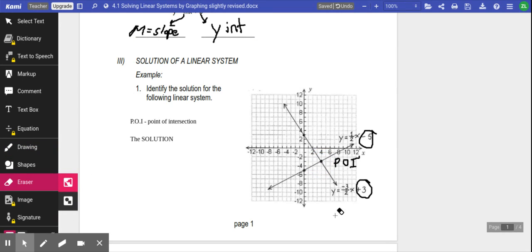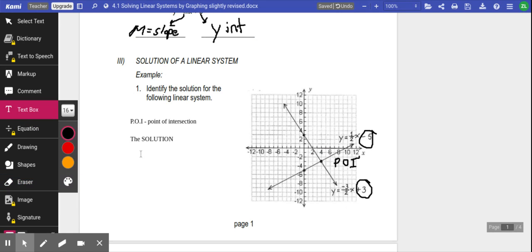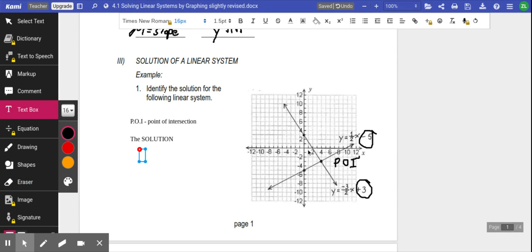If we look at the coordinates of this solution here, we have an x coordinate of 4 and a y coordinate of -3. Therefore, the solution is 4 and -3.